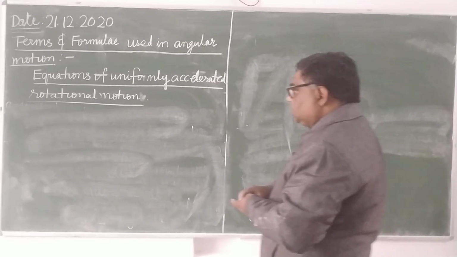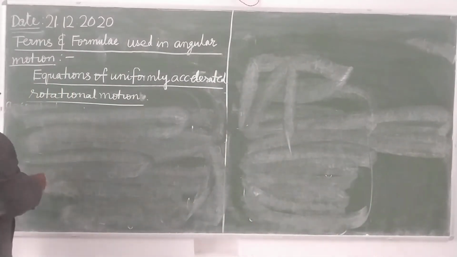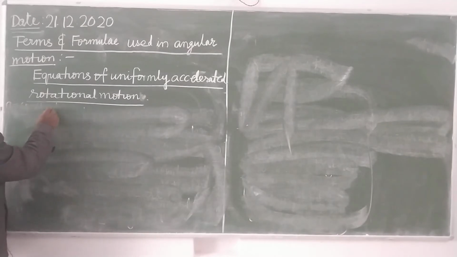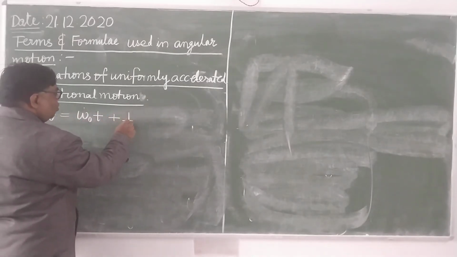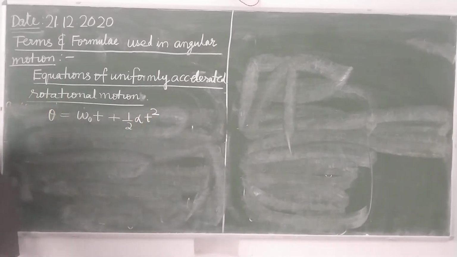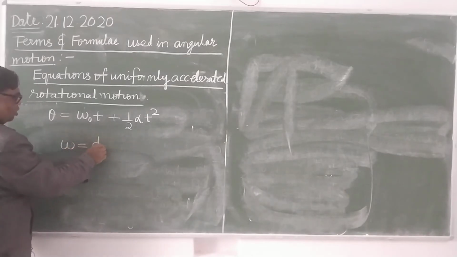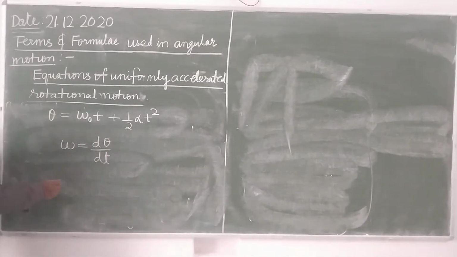Now we will see the derivation of the second equation. You can see here, the second equation is theta equals omega naught into t plus 1 by 2 alpha into t square. As we know, omega equals d theta upon dt. It is clear? So what will be d theta?